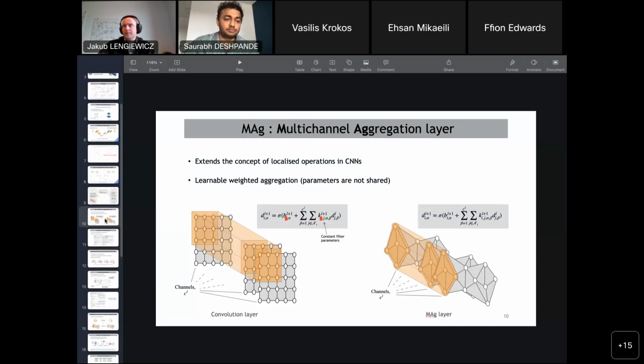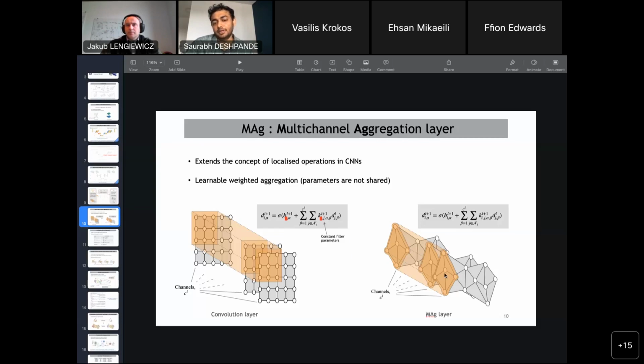Basically, I will try to answer it this way: what would be the rough time complexity of this MAG layer? It depends on how many edges you have, because we are assigning the weights based on the edges. So it grows linearly with the number of edges.